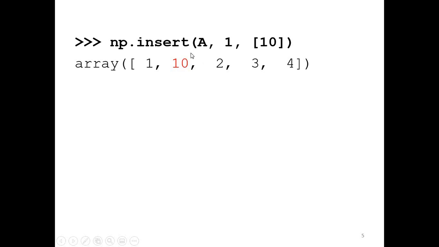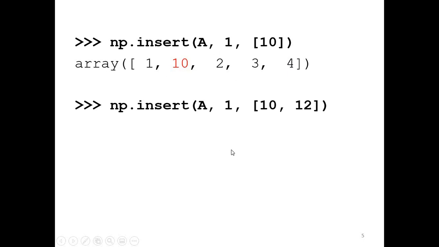So, as a kind of punishment, it has flattened the array. See, the 2D array has now become a 1D array, and it has put this 10 in the 1st position. 1, 2, 3, 4 were the original elements, but it was a 2D array. Now it has placed 10 here and flattened it.